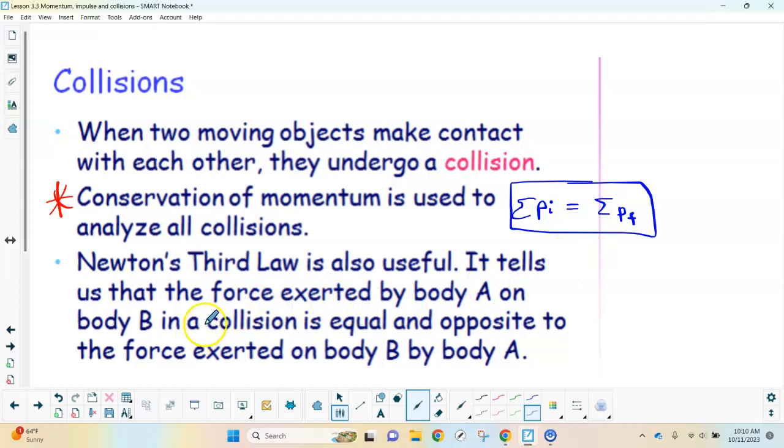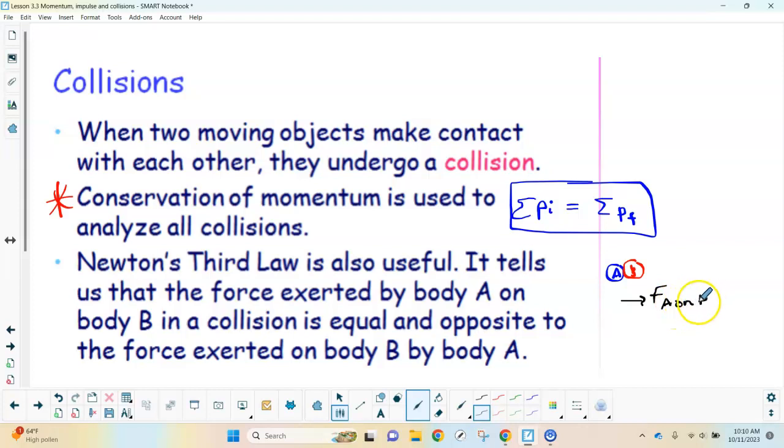It's also useful to think about Newton's third law, the action-reaction pair idea. If we have object A running into object B, there's a force of A on B, maybe going to the right.